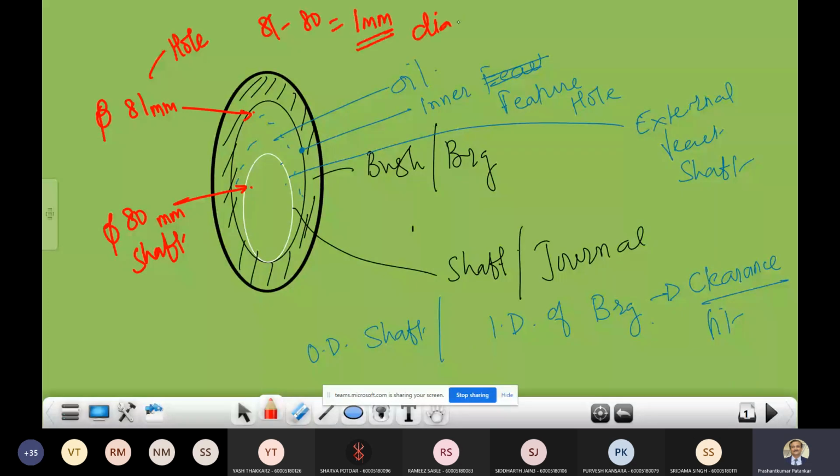That 1 millimeter is nothing but your diametral clearance. The difference between the diameter of your hole and the diameter of your shaft is called the diametral clearance.